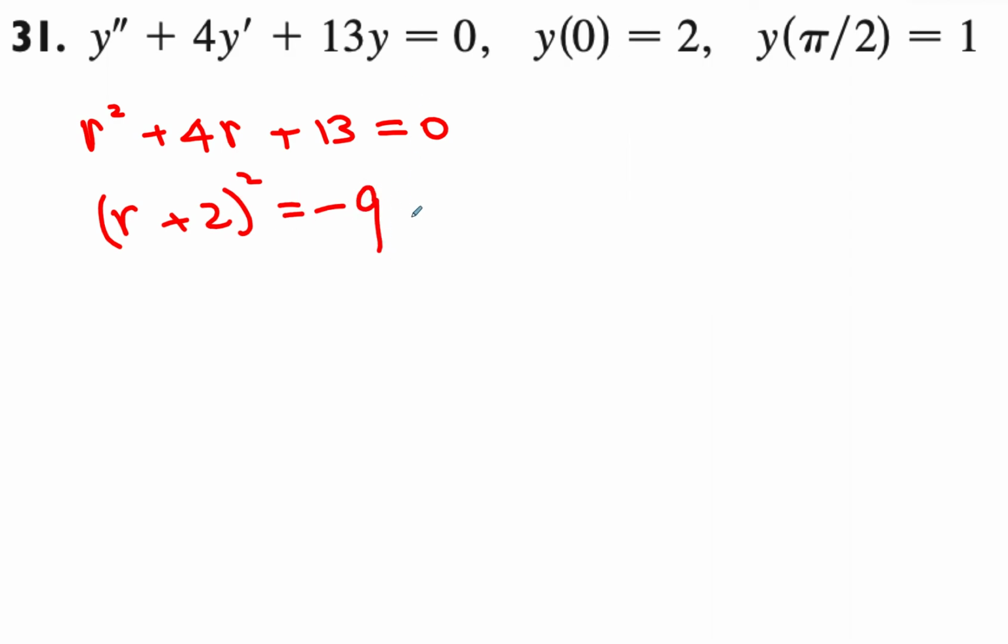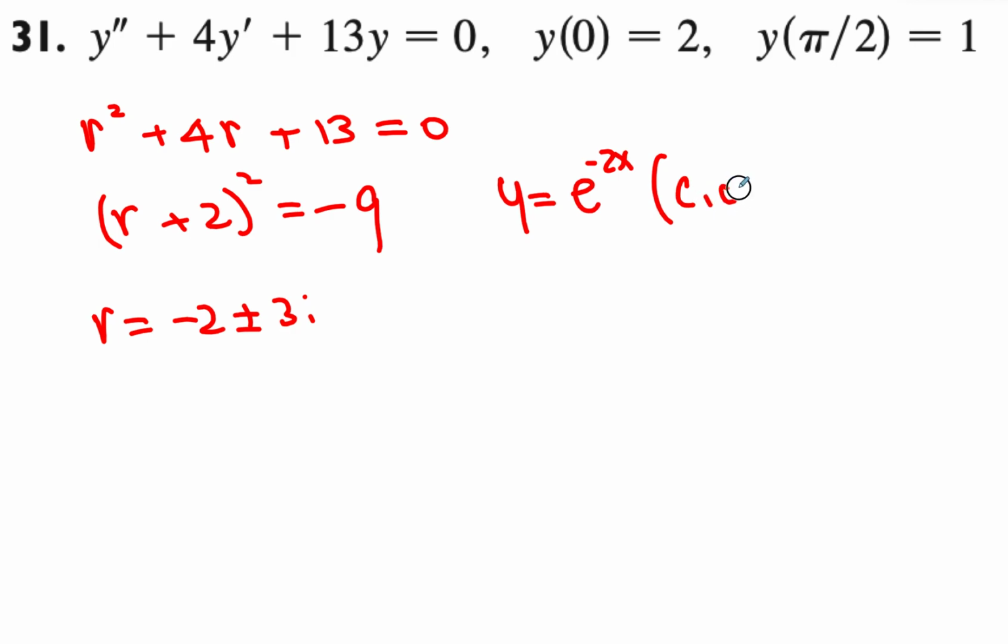So r should be equal to negative 2 plus or minus 3i. Then my equation should be y equals e to the negative 2x times c sub 1 cosine of 3x plus c sub 2 sine of 3x. That's what we end up getting so far.